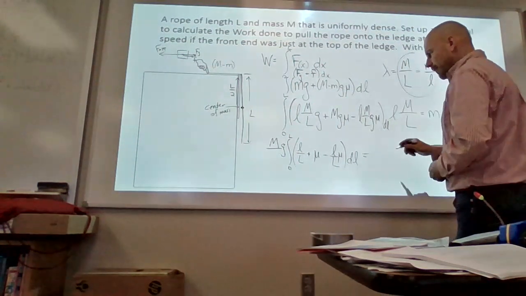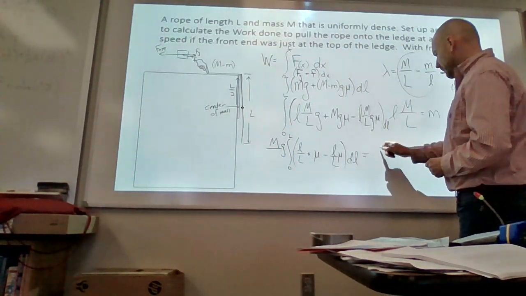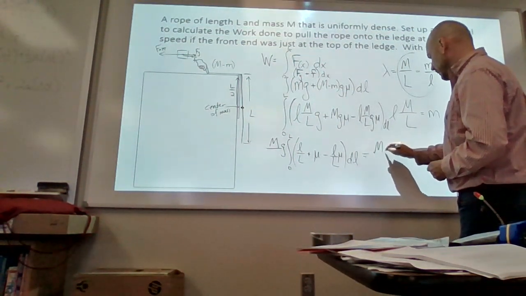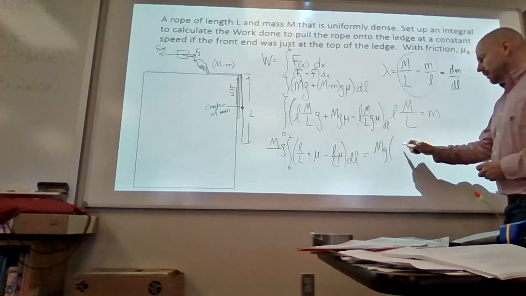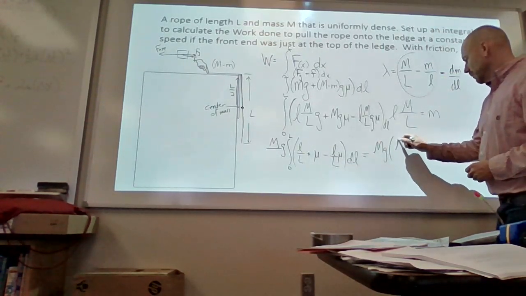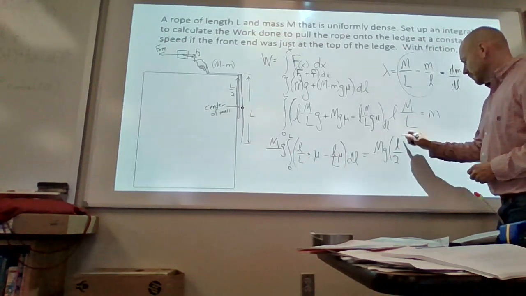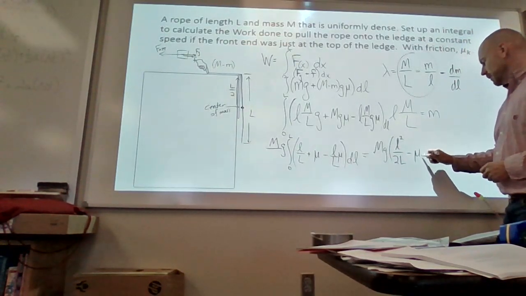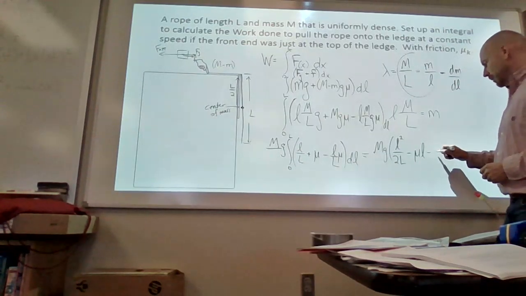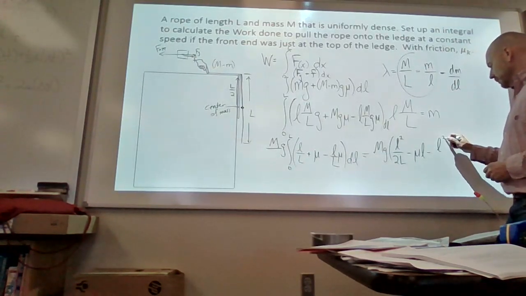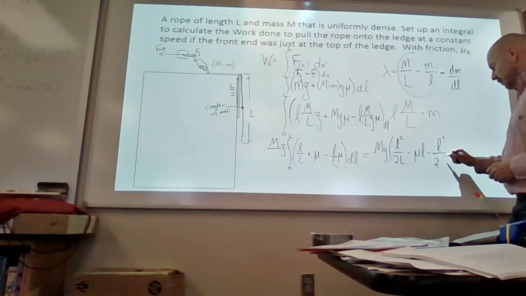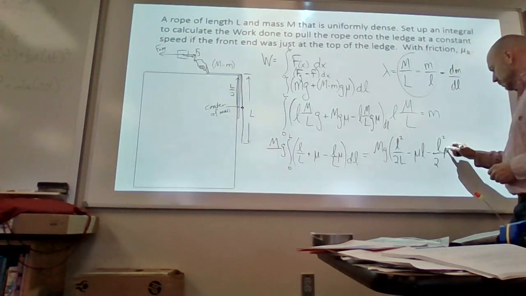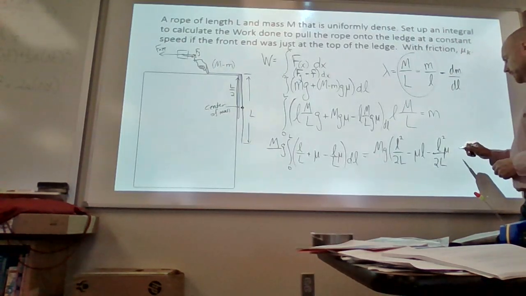That's going to give me mg times L over 2L minus coefficient L minus L squared over 2L.